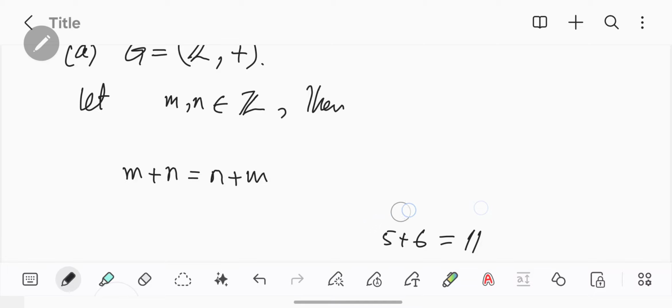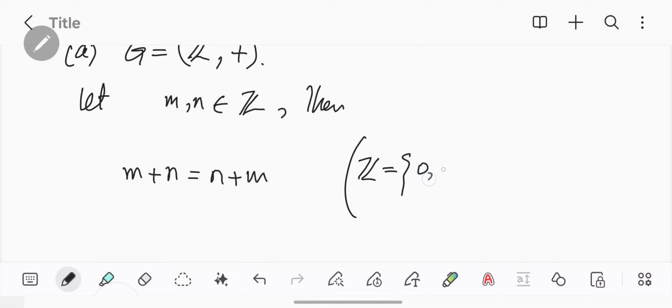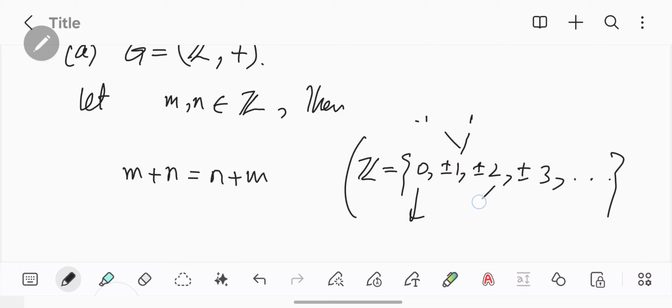Since you know what is Z, let me recall. Here, Z is the set of integers 0, plus minus 1, plus minus 2, plus minus 3, and so on. What does that mean? Here you have 0, here you have plus 1 and minus 1, here you have plus 2 and minus 2, here you have plus 3 and minus 3. So you have every number and its negative in the set of integers, right?